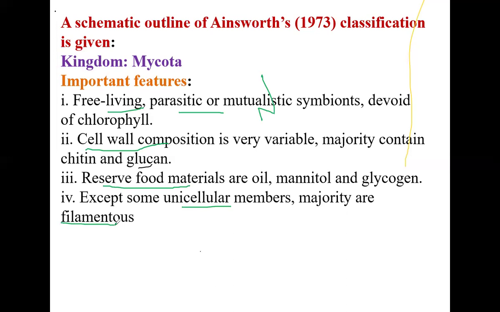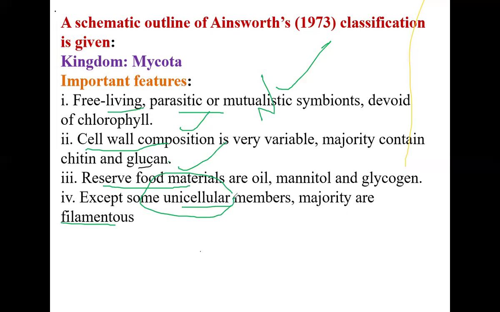What are those four characters? Cell wall composition, nutrition, reserve food material, and cell structure. You should remember these four characters taken in consideration in the classification of the fungi.